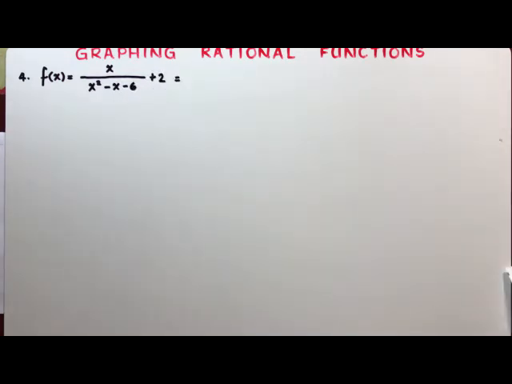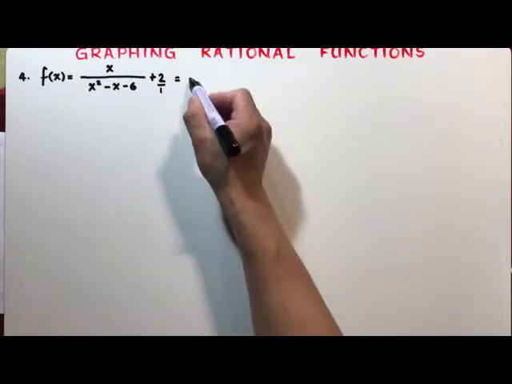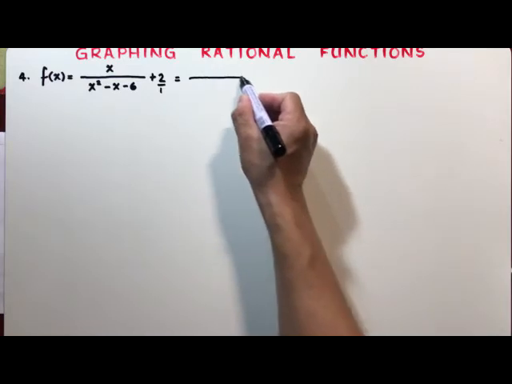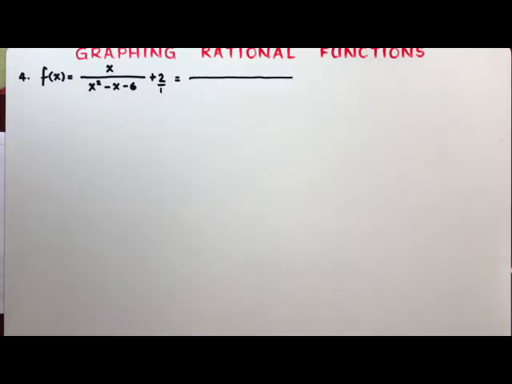Now, remember our guidelines in sketching the graph of a rational function, that we must first find the points of discontinuity, if there's any, in a given rational function. And to find the points of discontinuity is to look for the common factors between the numerator and the denominator.